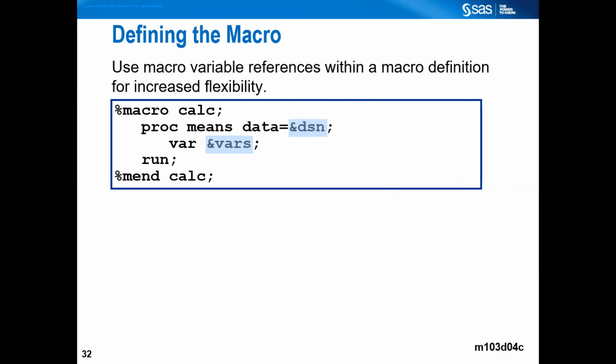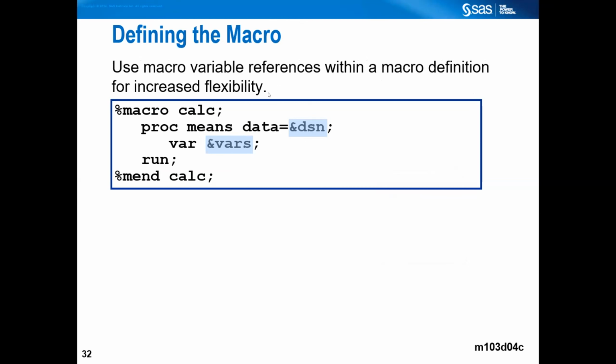So in case you want to pass without any dataset name, let's create macro variables within it: &dsn, &vars. Okay, so use macro variable references within your macro definitions for increased flexibility.